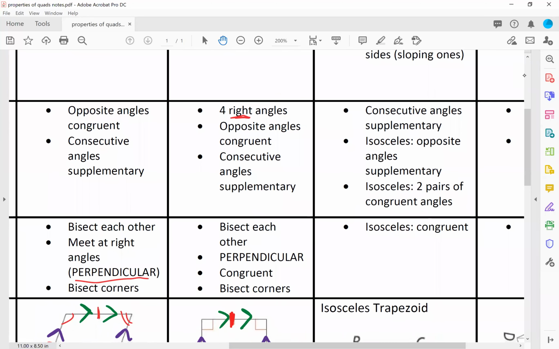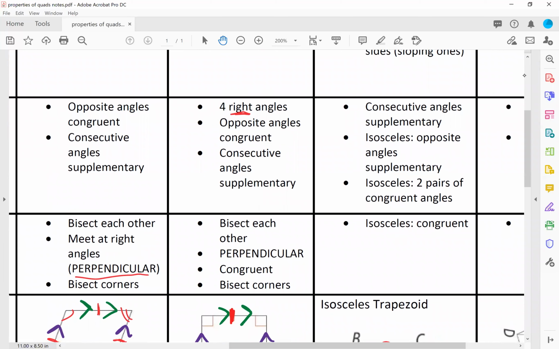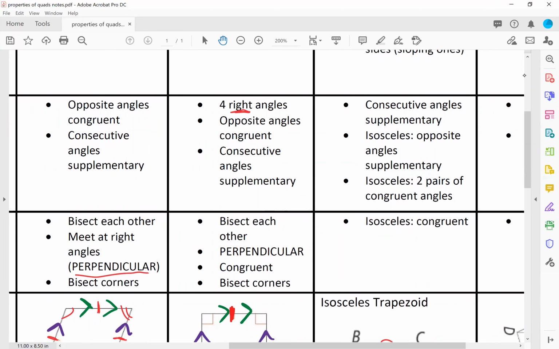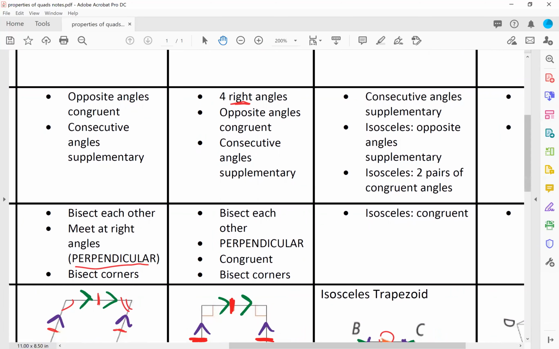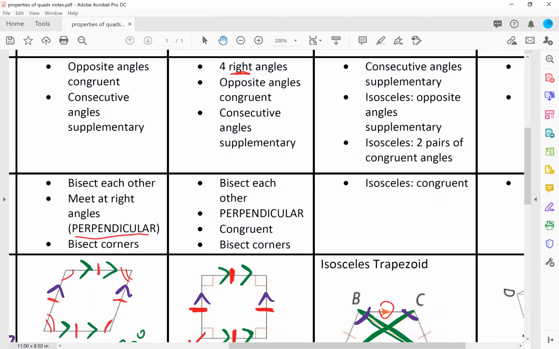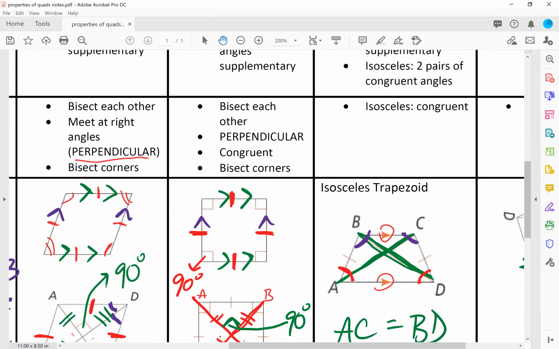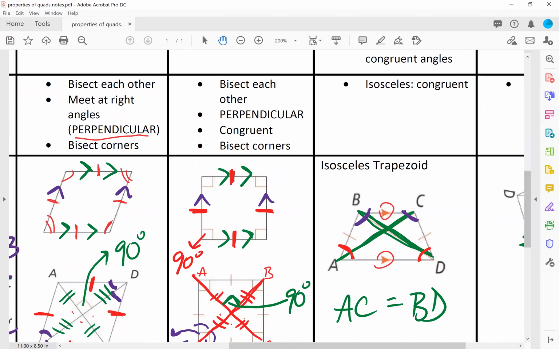And then for isosceles trapezoids, the opposite angles are also going to be supplementary. And then also in isosceles trapezoids, you have 2 pairs of congruent angles. So if you look in our picture here, we only have 2 colors on our angles. B and C, those are a pair of angles and they're congruent to each other.